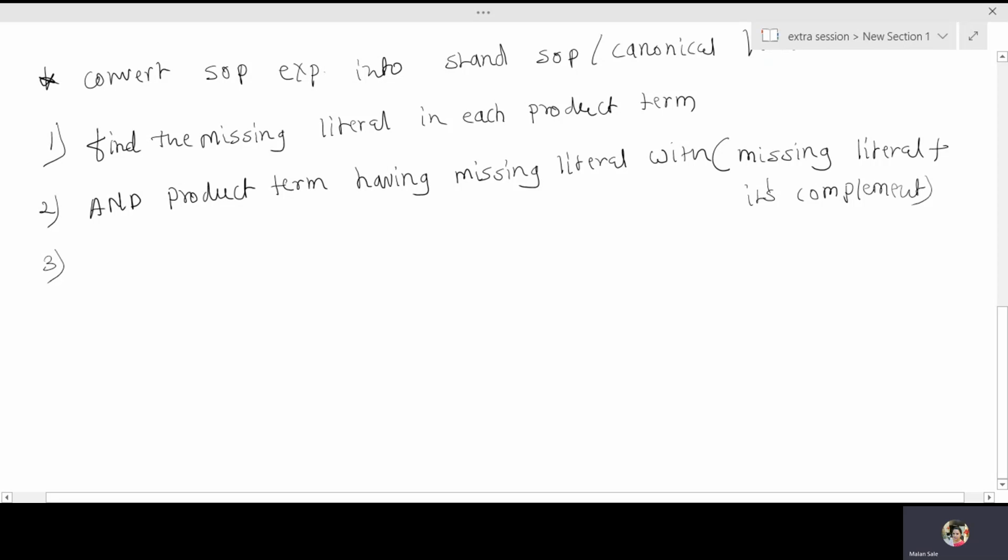Third step, expand the terms and reorder the literals. And fourth step, omit the repeated product terms.